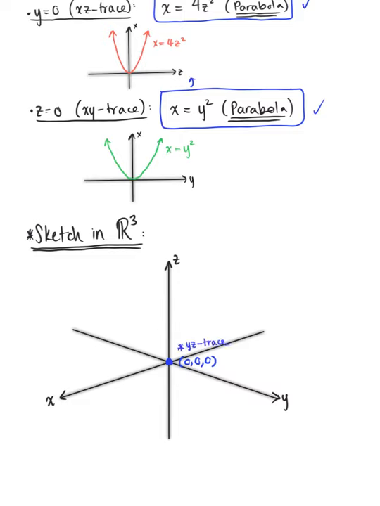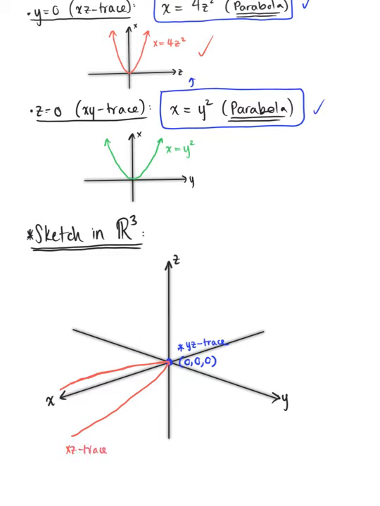Now we also know that when y is 0, we have a parabola. So we'll sketch that one. So here is that parabola in the xz plane. So this is your xz trace.